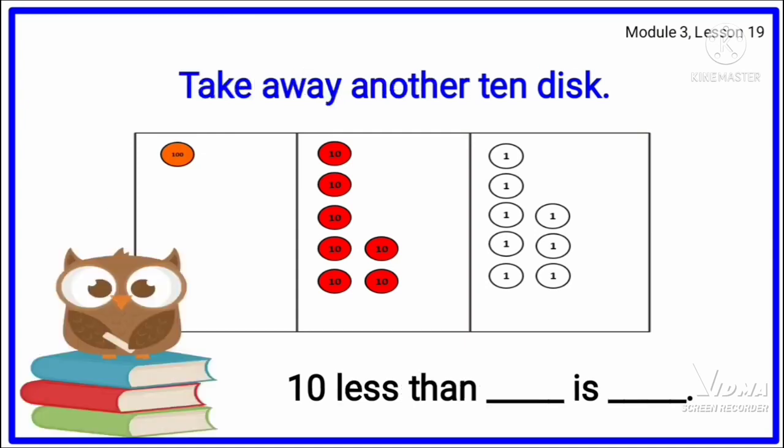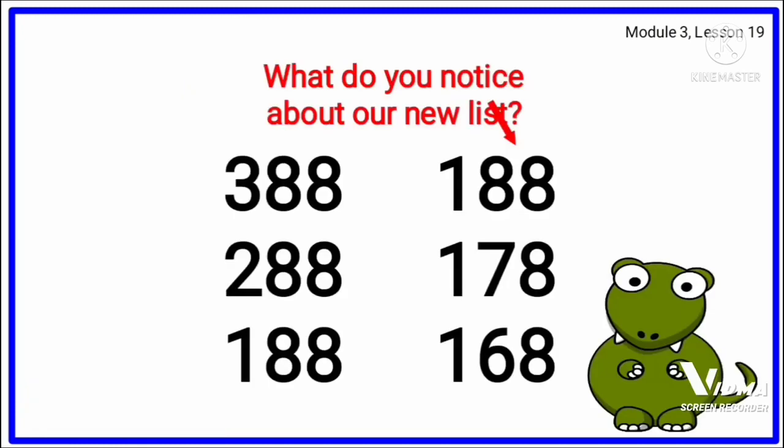Now let us take away another 10 disc. 10 less than 178 is what? 168. Fantastic. So this is what we've done. On the left hand side, we did 100 less, and now on the right hand side, we did 10 less.